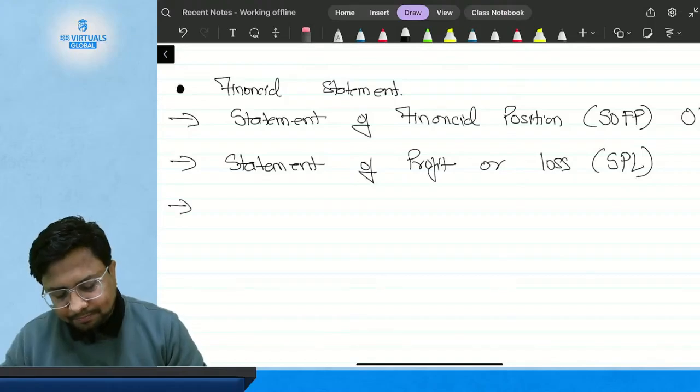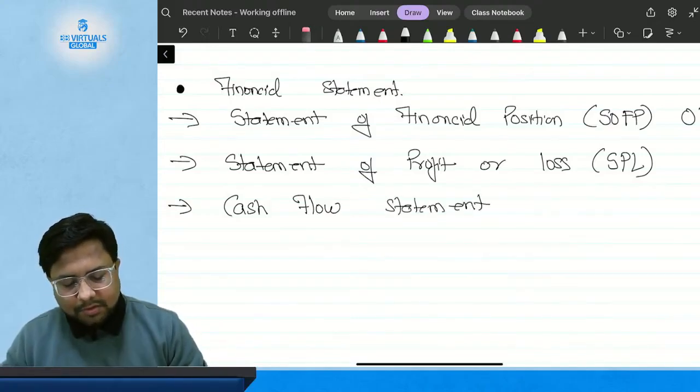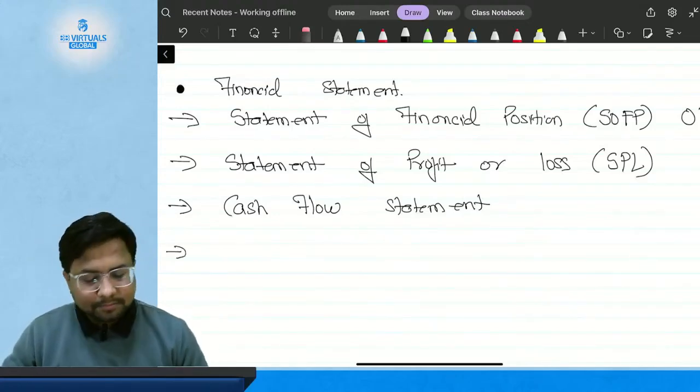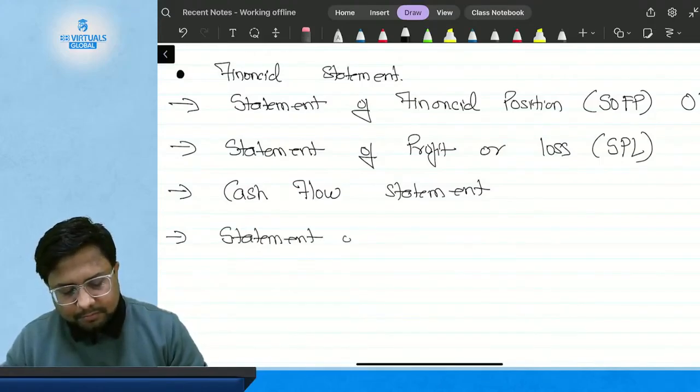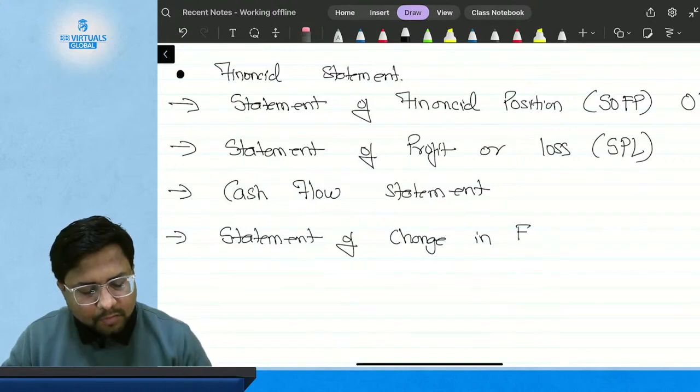Then comes the cash flow statement. Then you have the statement of changes in equity.